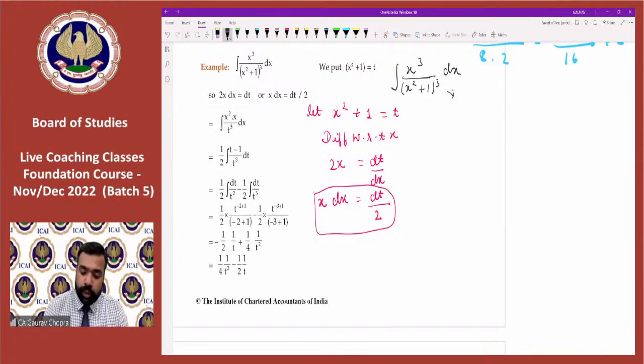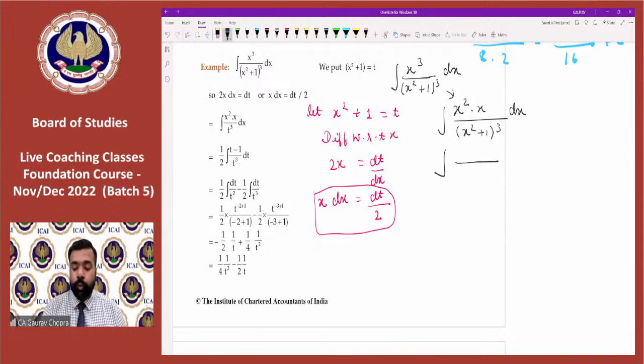So in this question, we can write it as x square into x. This is x cube. So we have split it, and after that, x square plus 1 whole to the power of 3 in the denominator, dx. So in the denominator, x square plus 1 can be written as t, power is 3.